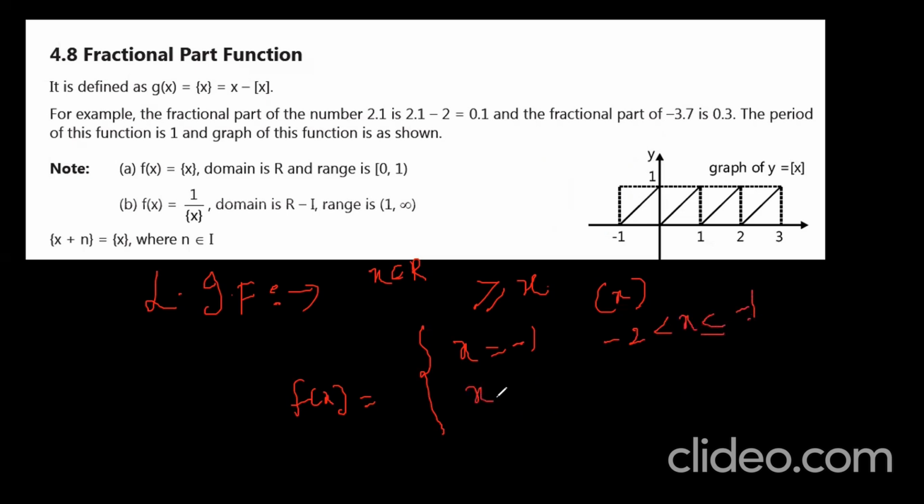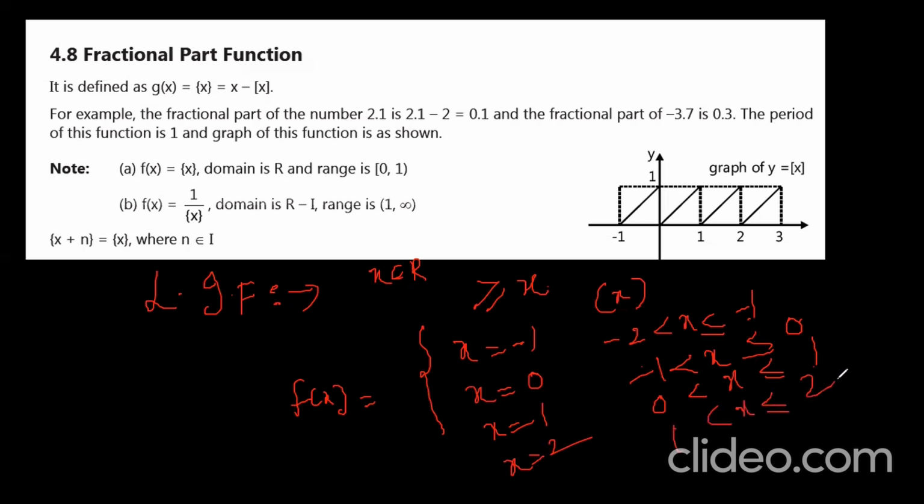If x is equal to 0, then minus 1 less than x less than or equal to 0. If x is equal to 1, then 0 less than x less than or equal to 1. If x is equal to 2, then 1 less than x less than or equal to 2. If you see the domain, you are getting all real numbers, right? Domain is R.